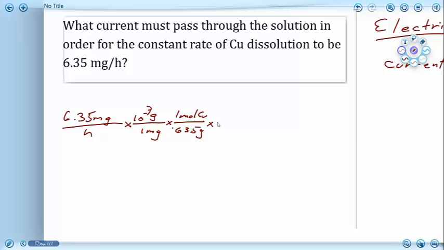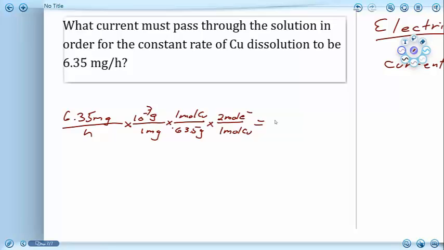And recall that we need moles of electrons, not moles of copper. And again, from our equation, we saw that 2 moles of electrons are transferred for each 1 mole of copper. Let's go ahead and chug these numbers here.